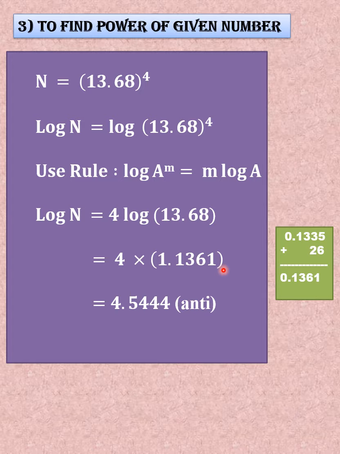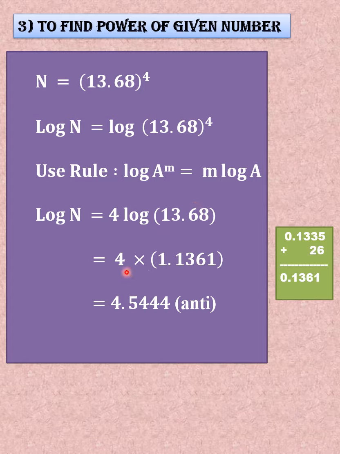Then multiply by 4. Remember, before multiplying this 4 to 1.1361, I already told you that when there is multiplication, use logarithms. But here do not use the logarithm; just make a simple multiplication by 4, without taking a log, because we already took the log of this number.